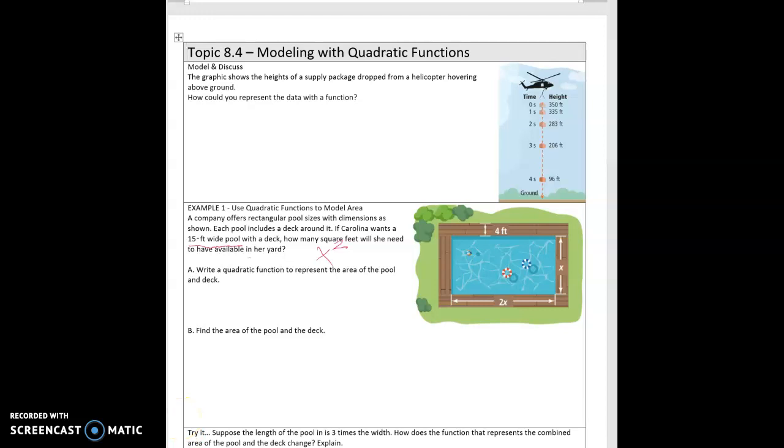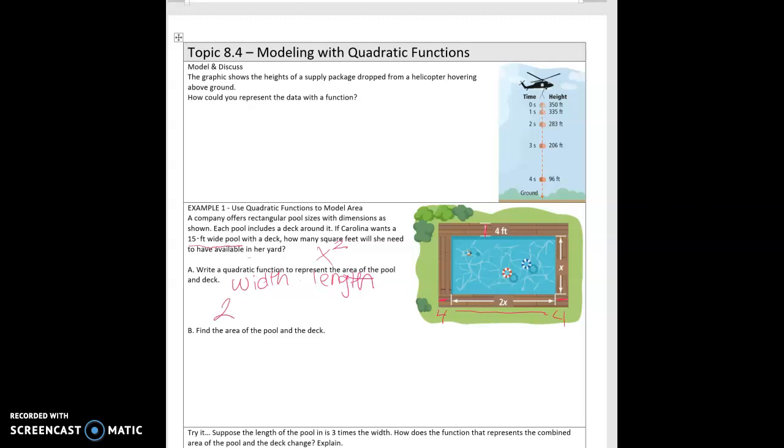So write a quadratic function. We are going to have the area of the pool, which would be width times length. The width of the pool is 2x plus 8, and that's because right here is 4 and right here is 4.